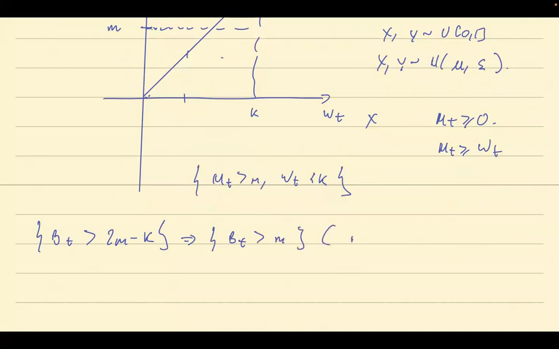Right, and this is because M is bigger than K. And this implies that T is bigger than tau again, because if not, then BT will be WT, and so BT must be less than M, right? All right.